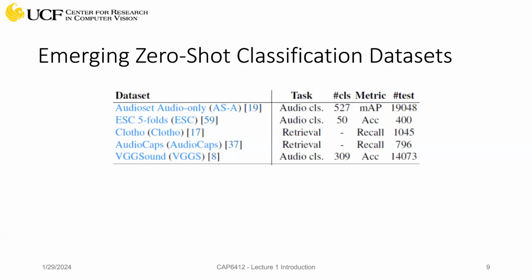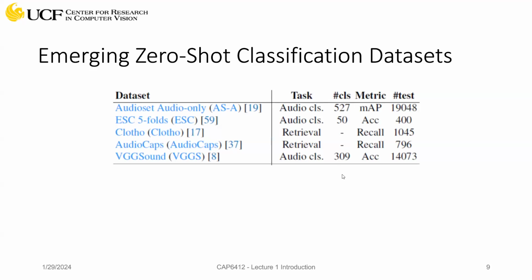Once it's trained, they want to test this ImageBind embedding on zero-shot classification. So you can do audio classification using this embedding on these different datasets. This is audio classification, retrieval, also retrieval and classification.